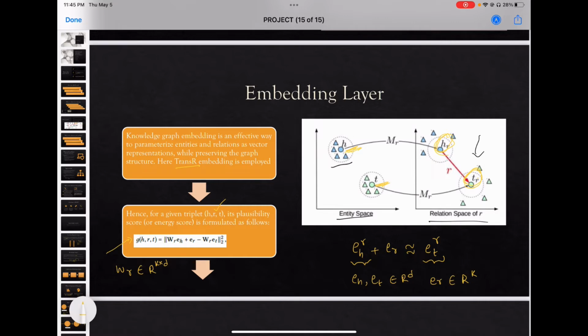And this is a transformation matrix of relation r, which projects entities from the d-dimension entity space into the k-dimension relation space. So a lower score of this g, or energy score, suggests that the triplet is more likely to be true, and a higher g score suggests that the triplet is less likely to be true.